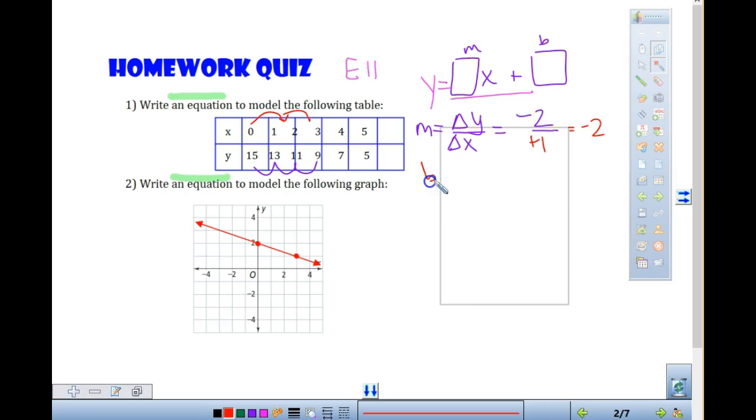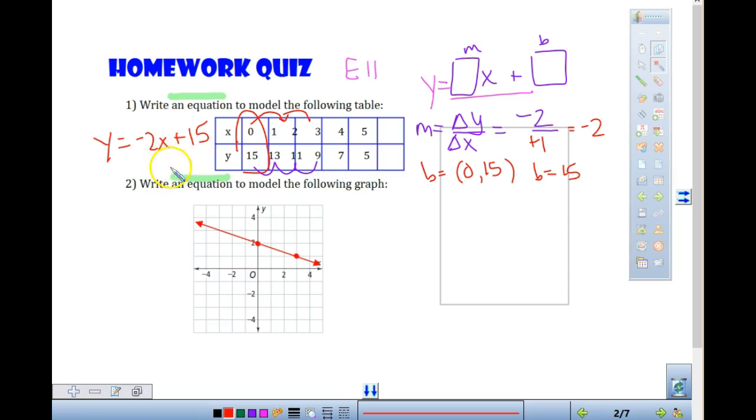Then I'm looking for my b, which is the y point when x is 0. In this case, x is 0, y is 15. I could have just said b was 15. So my answer for number 1 is y equals -2x plus 15.